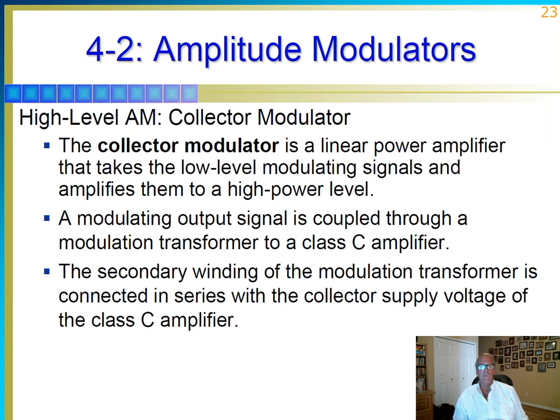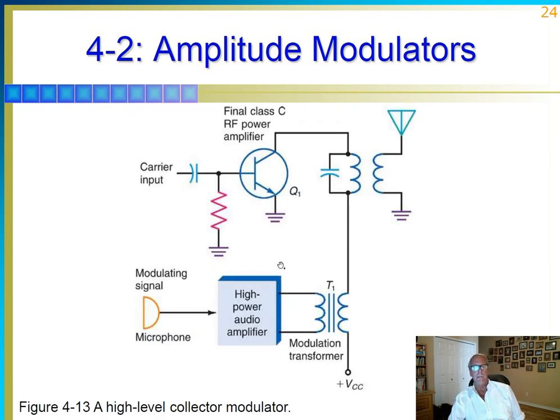And we have a transformer involved here, which forms part of the tank circuit. I always like to show the schematic here. Easy to see. Here's our carrier input. Here's the high power audio amplifier modulating signal with a modulation transformer. So here's your series circuit here, if you will.